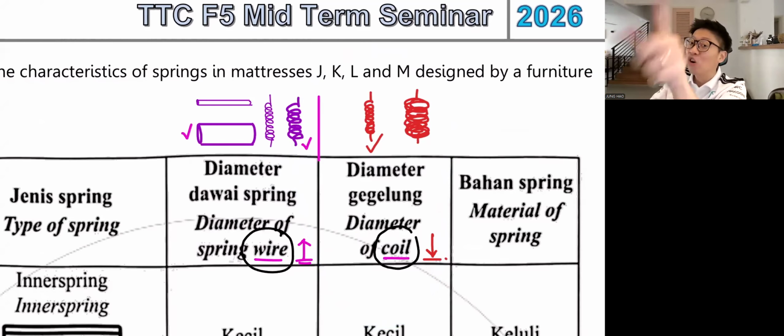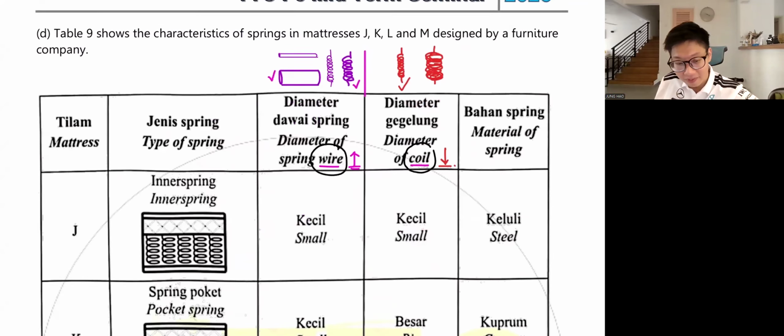Mine is like wire. Okay, can. Diameter of what? Yes, correct, Hazim. Okay, can.